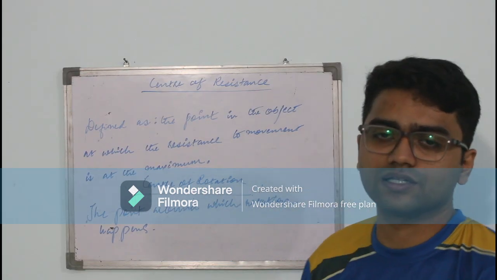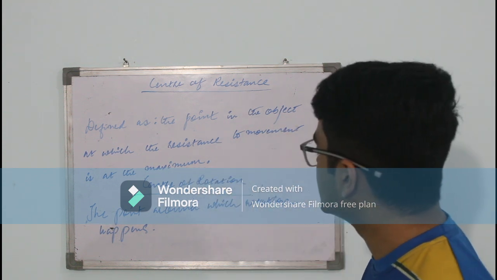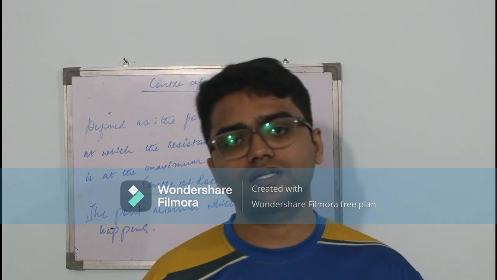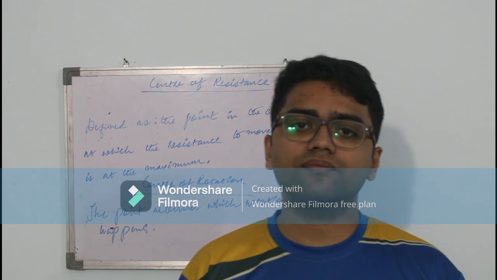Let's see what the literature says. The center of resistance is defined as the point in the object at which the resistance to movement is at the maximum. Whenever I try to push an object, there is some kind of resistance.